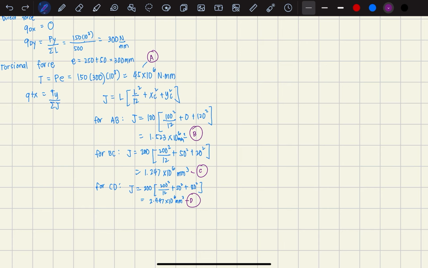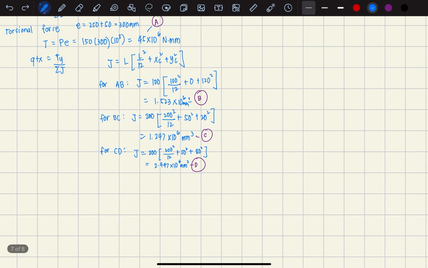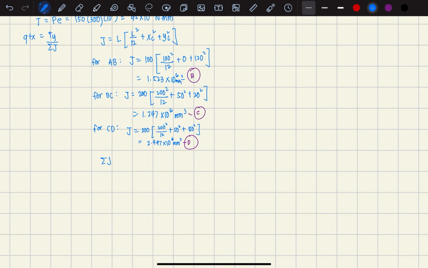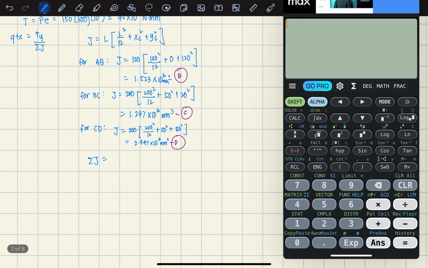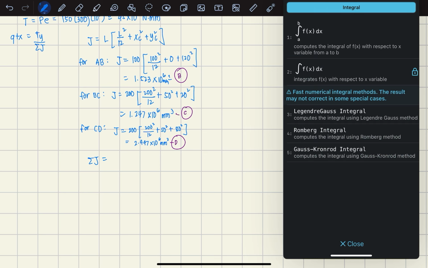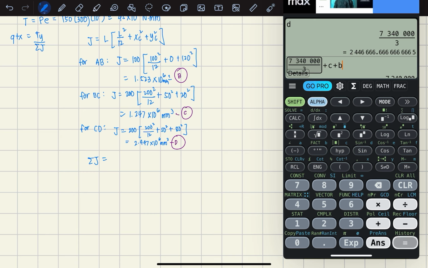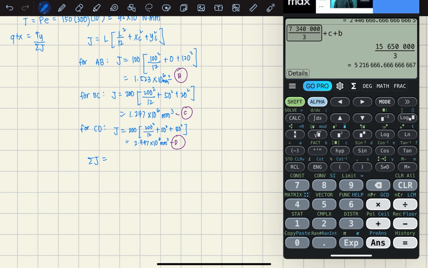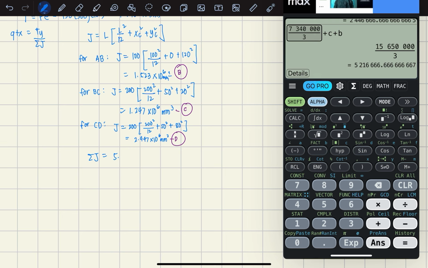So, yung summation ng J is equal to D plus C plus B is equal to 5.217 times 10 raised to 6 mm cube.